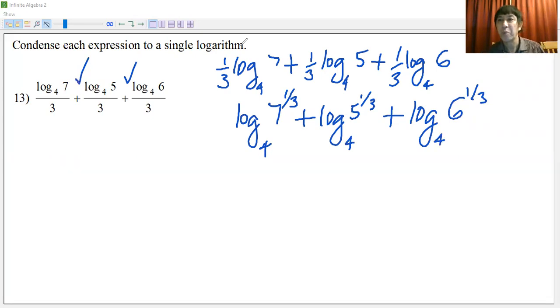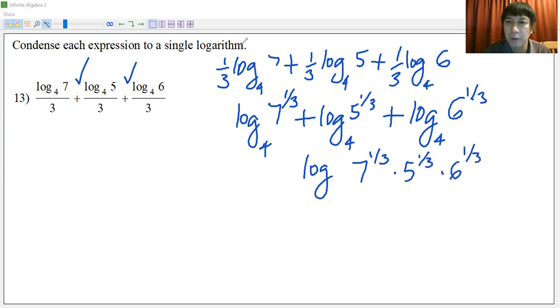And then we can now condense it to one single logarithm. So this will just be logarithm of 7 to the 1/3 times 5 to the 1/3 times 6 to the 1/3. And these are all base 4.